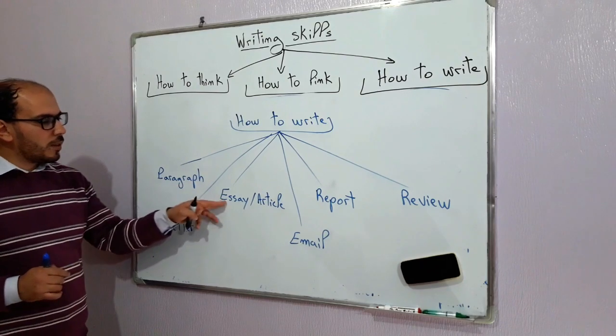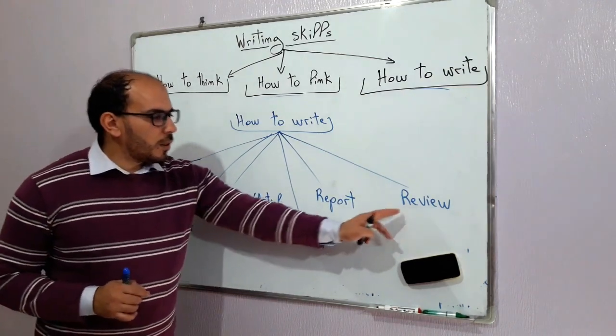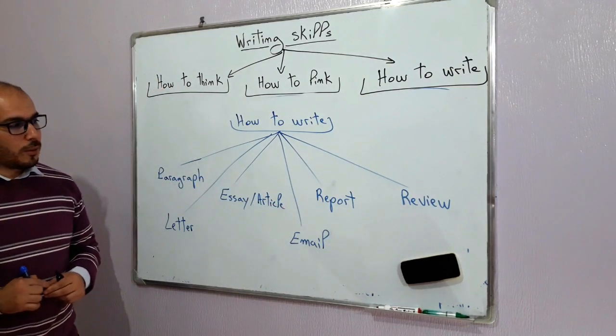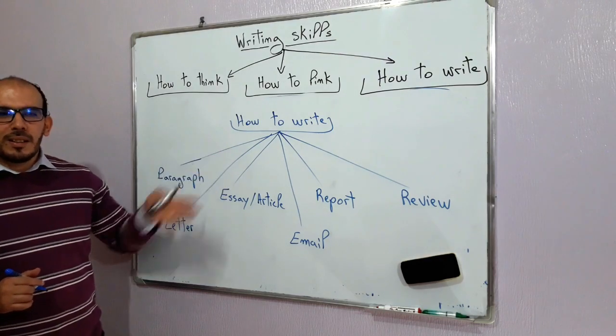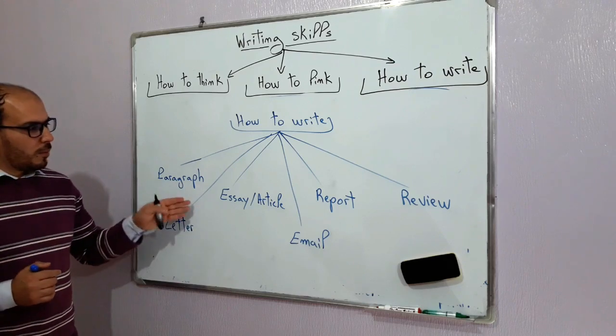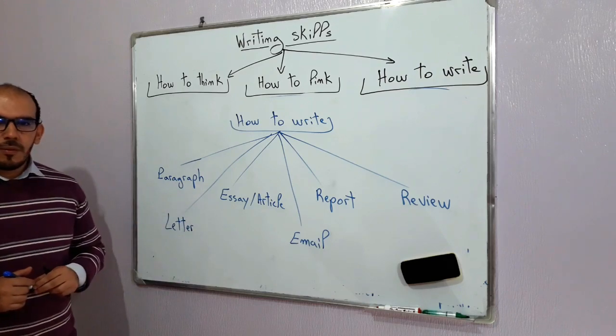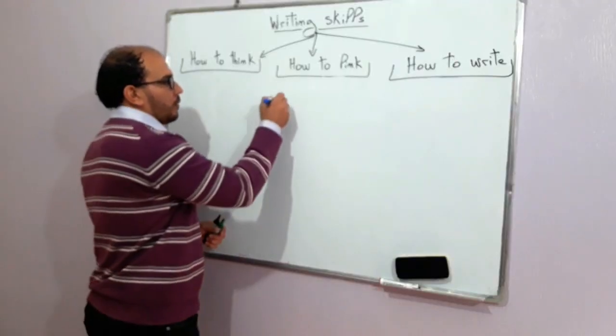Because a paragraph is not an essay, and it's not a letter, it's not an email, it's not a report, and it's not a review. To clarify these things, we will go one by one to have an idea about each form of writing. Okay, let's start with a paragraph.